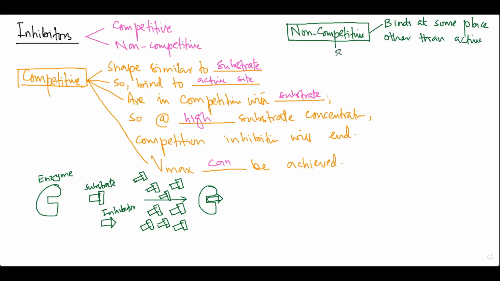We also call it the allosteric site. Allos is different and steric is place, shape. And secondly, there's no competition with substrate because the shape is not similar to substrate.